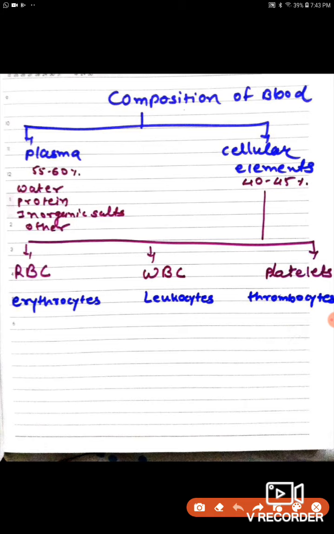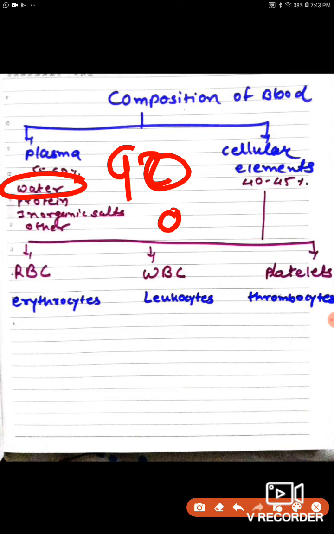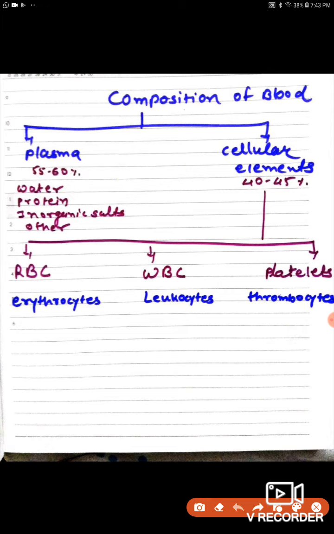Water is the majority of the plasma, 90 to 92%. Next is protein. Many kinds of proteins are present, about 7 to 8%.